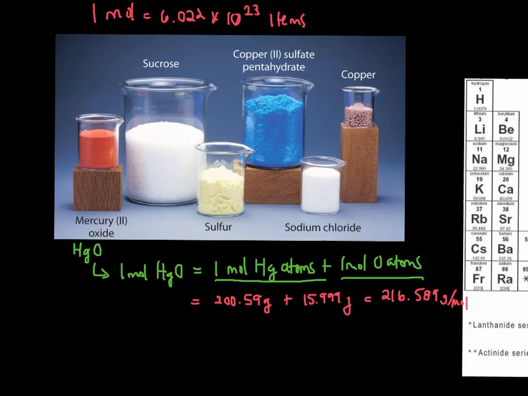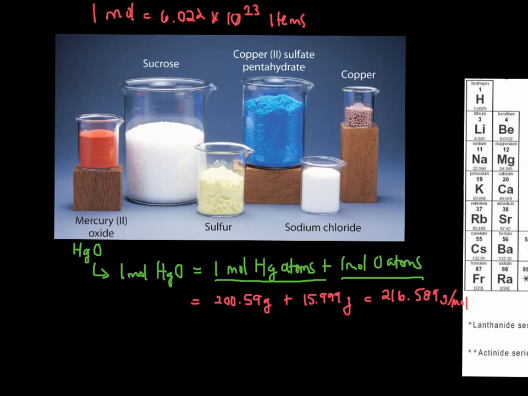So if I add those two together, I get a molar mass for mercury oxide of 216.589 grams per mole. And so that's what you would find in this container, is someone just weighed that out on a scale and put it in this beaker, and you have a mole of mercury 2 oxide.